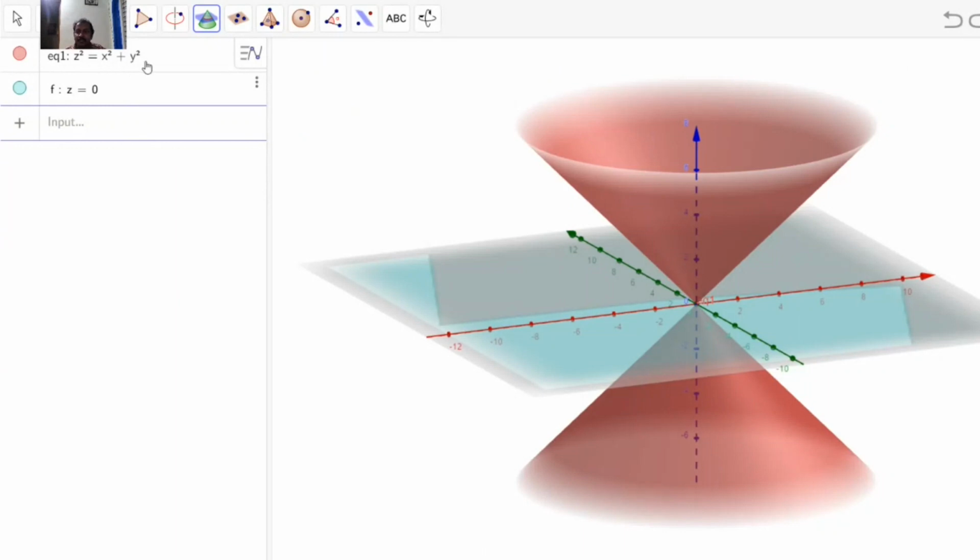Consider the cone z square is equal to x square plus y square and the plane z equal to 0. Then the vertex of the cone is the point of intersection of the cone with the plane, and this is one of the degenerate conics.